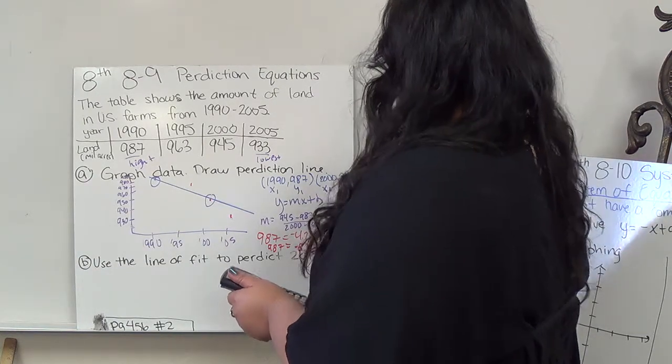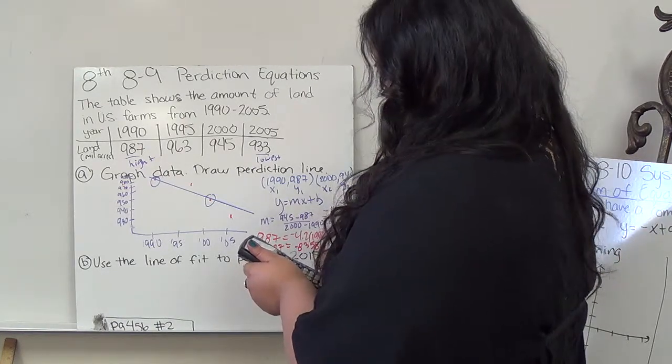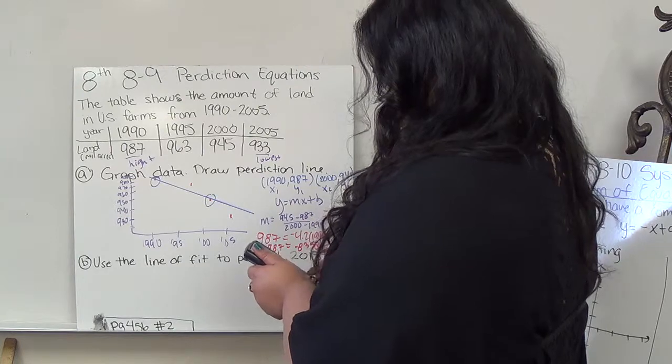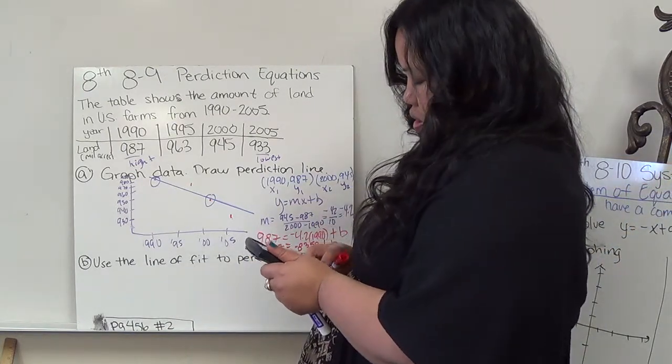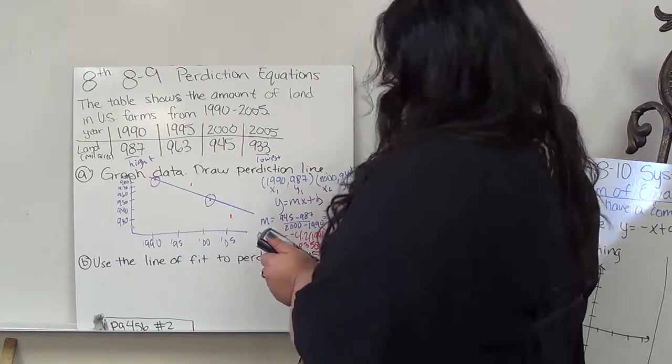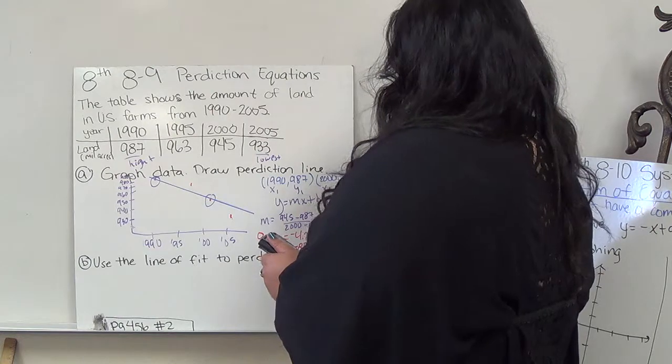And I'm going to continue it here. So then I'm going to add that to both sides. So 987 plus 8358, which will give me 9345b.